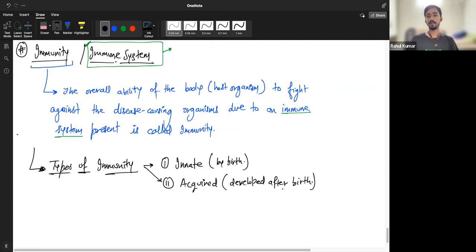So you being victorious or you getting defeated are both possible when you are in conflict with pathogens or these microorganisms.